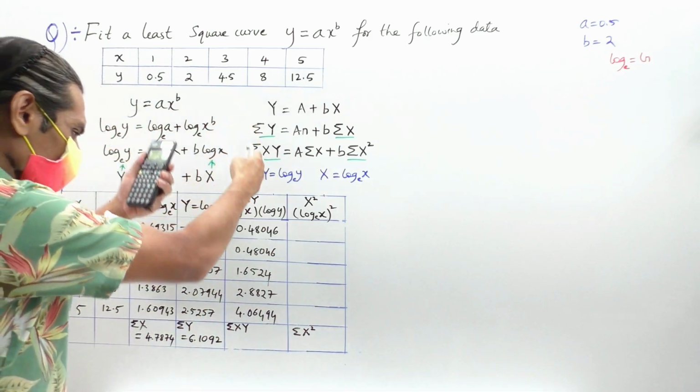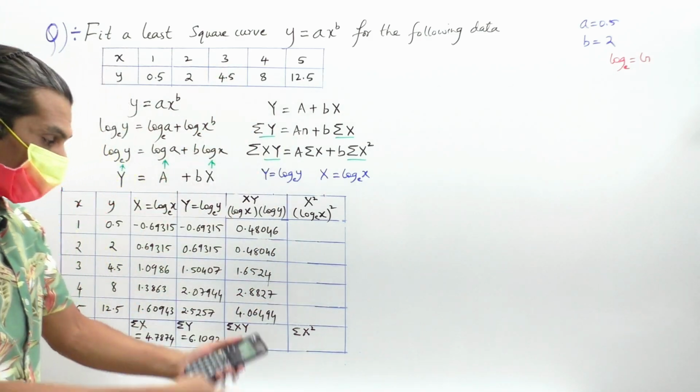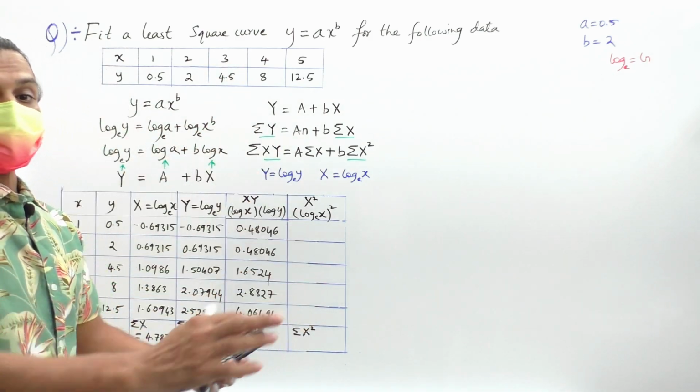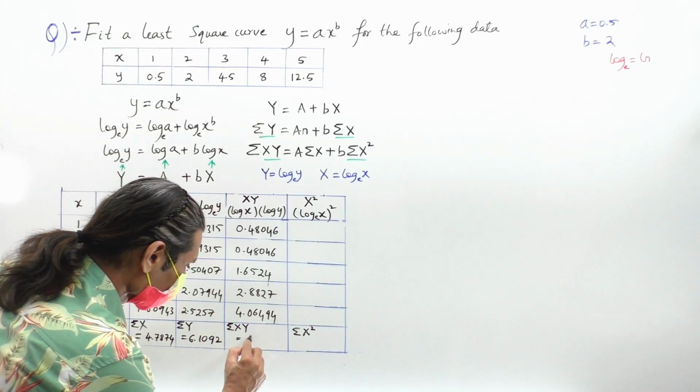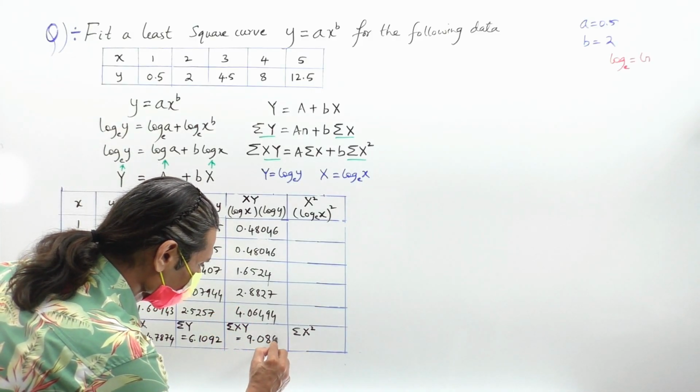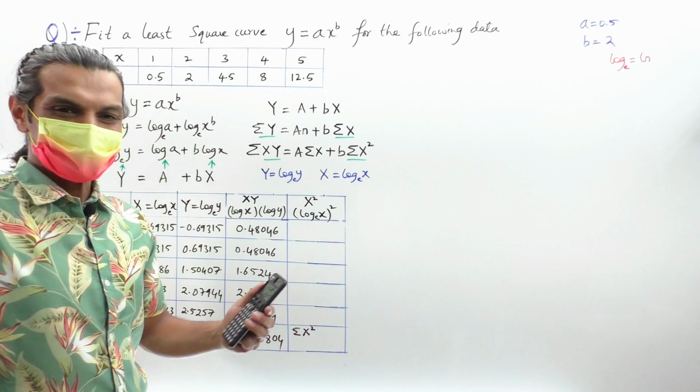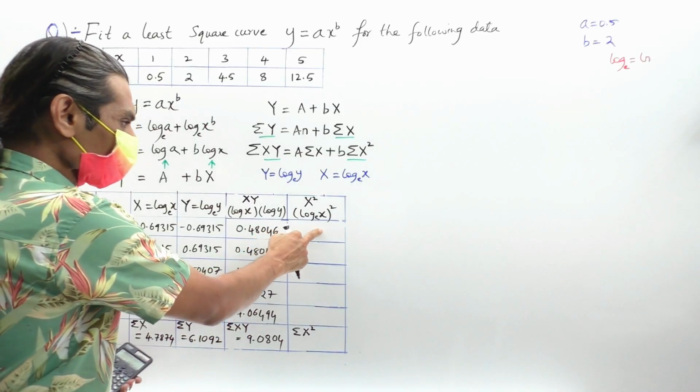So we have capital X Y. Summing the whole column, the summation of capital X Y is coming as 9.0804. Okay, done.